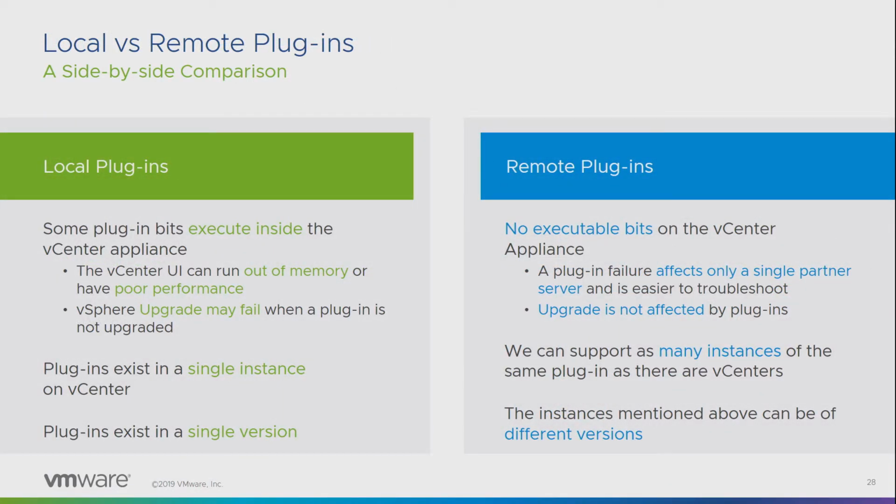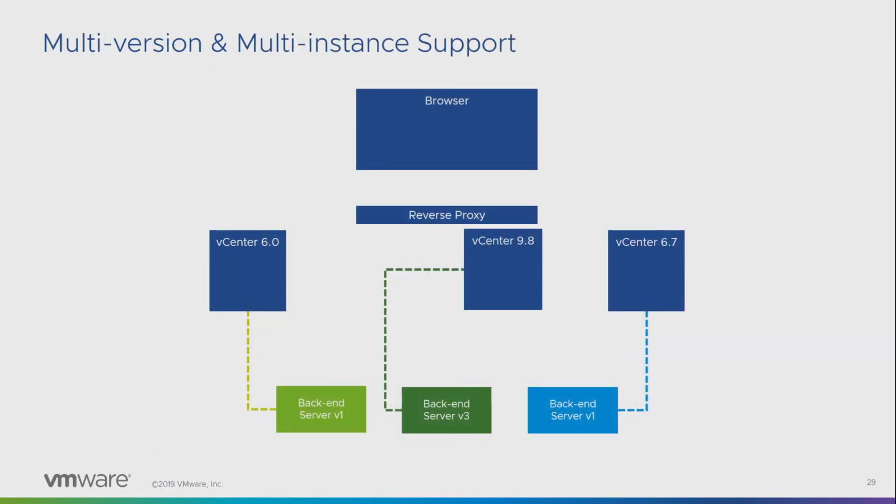So this is a side-by-side comparison. I already covered some of these, but what is very important for both partners and admins is what we call the multi-version, multi-instance support. So this is a huge benefit in the hybrid cloud.